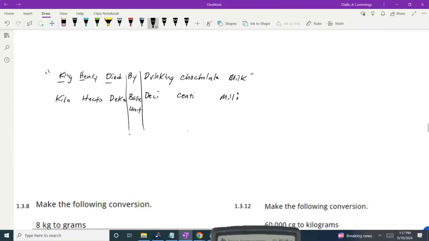So remember our base units are liter for volume, grams for weight, and meter for length. Right? So when we convert from one unit to the other, it's just a matter of which place in this metric system you're moving, and to your number you must attach that many zeros.